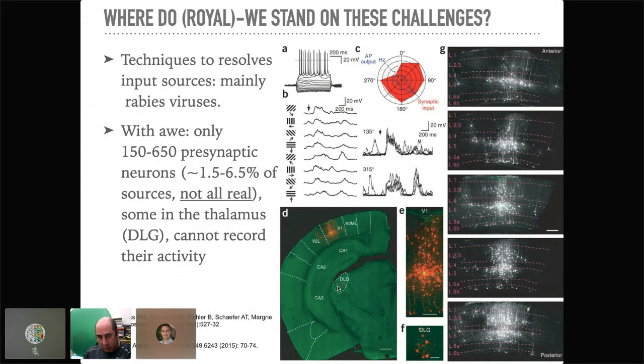And some of these neurons are actually located in the thalamus, so you can't even record from them or image them or know much about them. So even with these very sophisticated techniques, we're still far away from answering this question. And there are other directions for how to answer this question, but all of them amount to a lot of missing information. So this is a very difficult question.